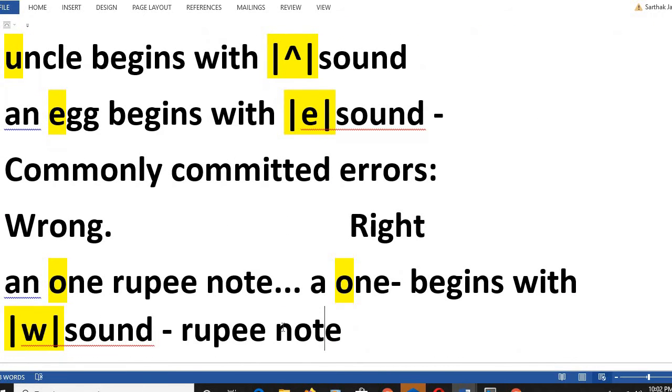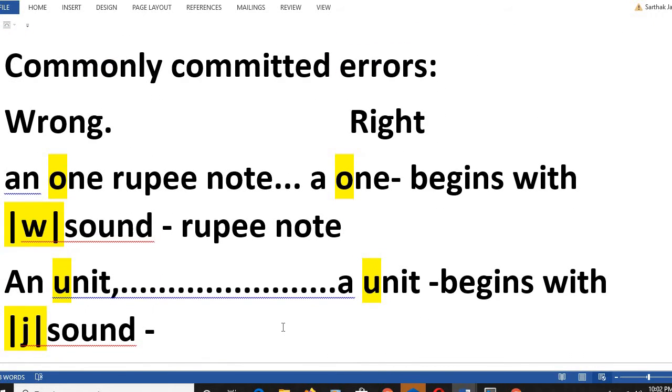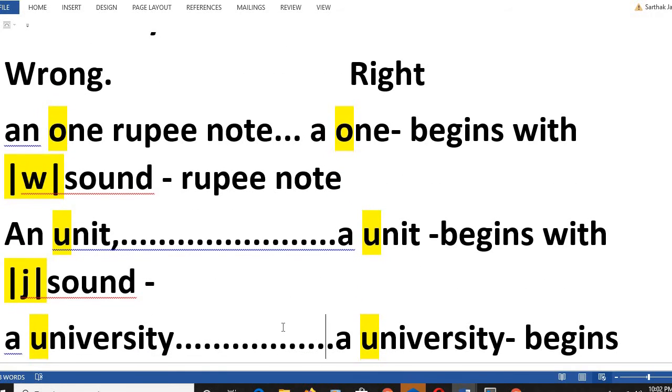Let us see some parts where we are likely to commit errors, and if you understand the deep part of these, you will never commit the errors. For example, let us see a phrase, a 1 rupee note. Now dear students, just notice this: a 1 rupee note.